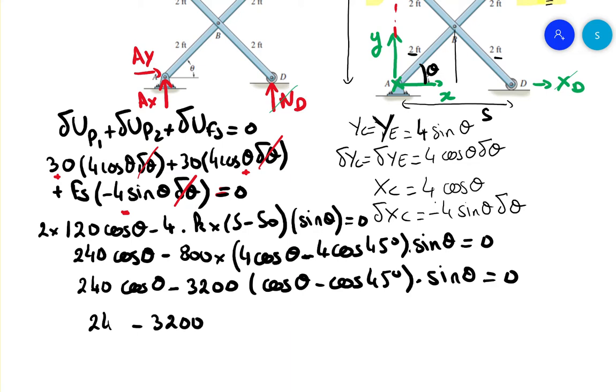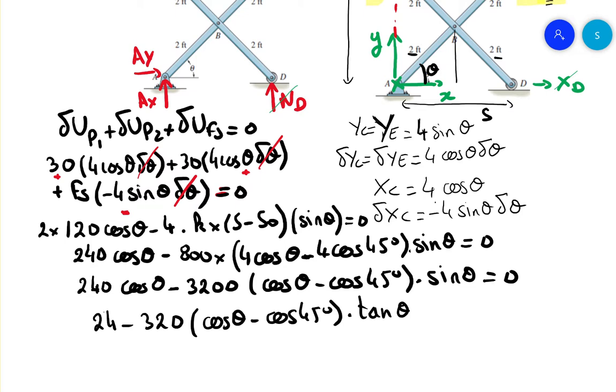Let's remove a 0 on both, so 24 minus 320 (cosine theta minus cosine 45) times tangent theta is equal to 0. Let's try it in your solver with your calculator.